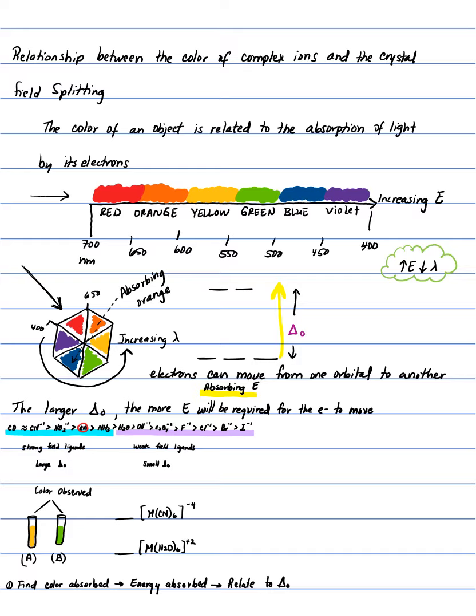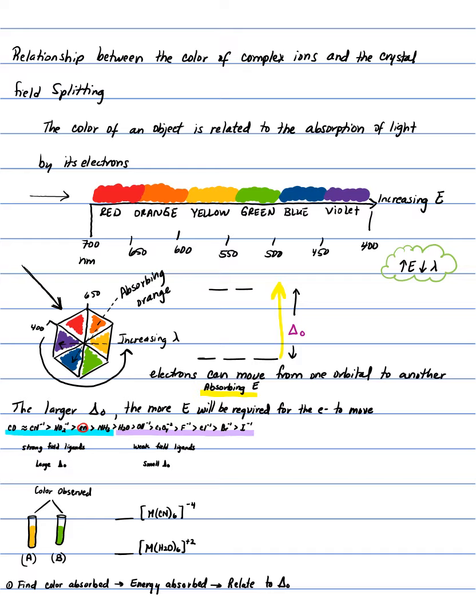If the color that you get to see is yellow, it means that that solution will be absorbing light with a wavelength between 400 and 450, which is what you have on the opposite side of this yellow color. 400 and 450 corresponds to a violet color.